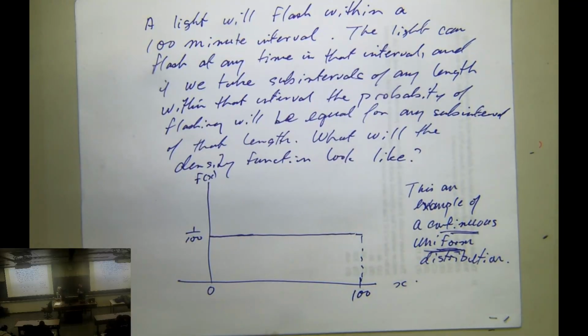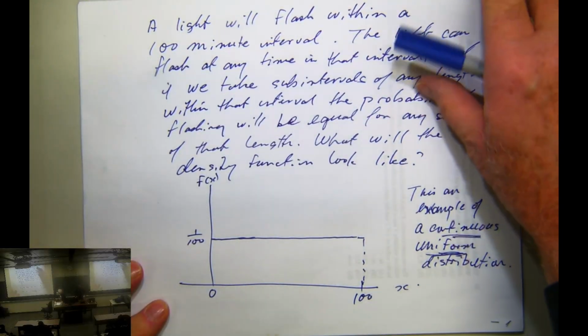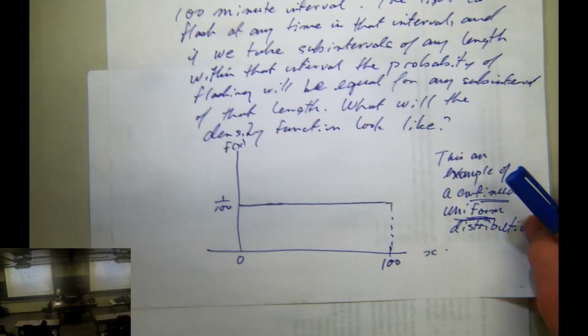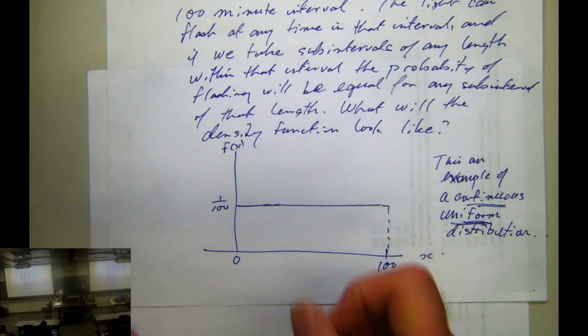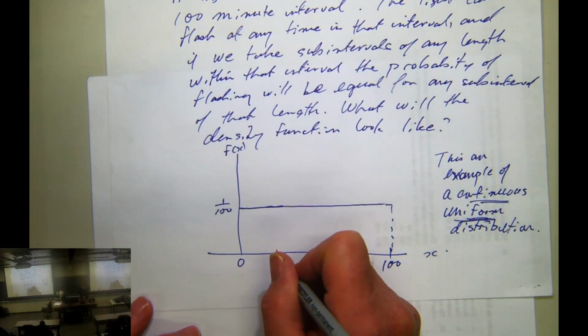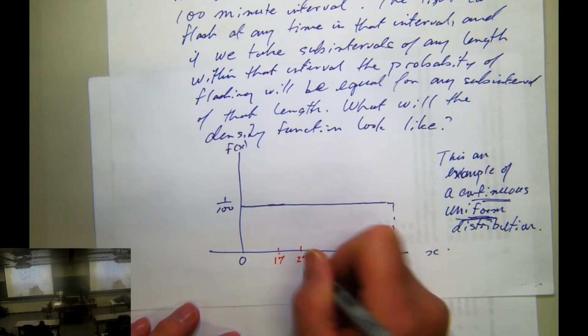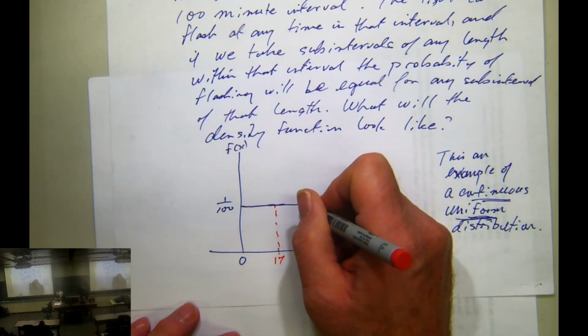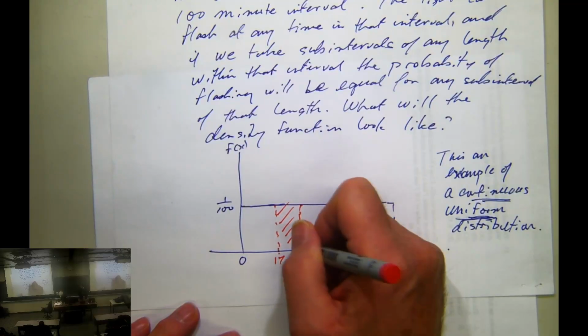We could write that out with a little mathematical equation. If we asked what the probability is that the light would flash between 17 and 24, I need the area between 17 and 24.